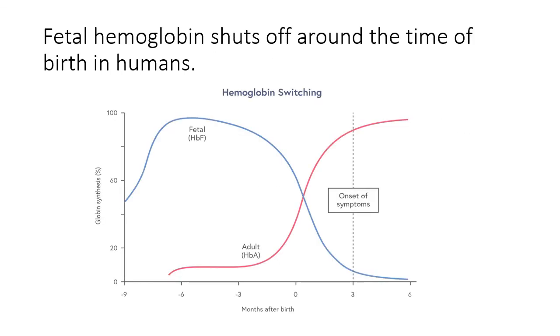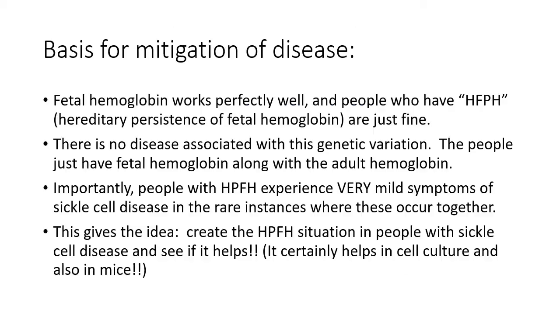Okay, so here's what fetal hemoglobin looks like in people. We have a very early embryonic form, which is not shown in this diagram, but the fetal hemoglobins persist throughout development until around the time of birth. At this point, the adult hemoglobins are switched on, and it's after that point, when the fetal hemoglobins have been turned off, that sickle cell symptoms can start to appear. Okay, so the people that have hereditary persistence of fetal hemoglobin are just fine.